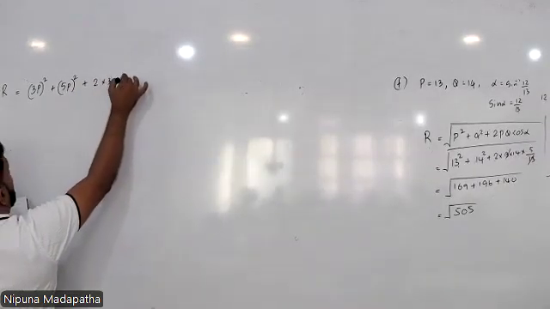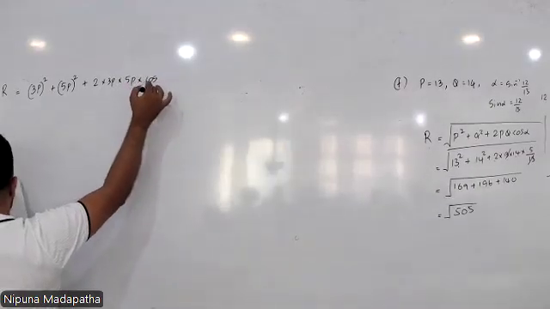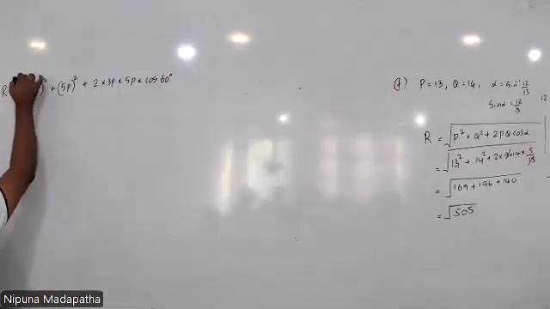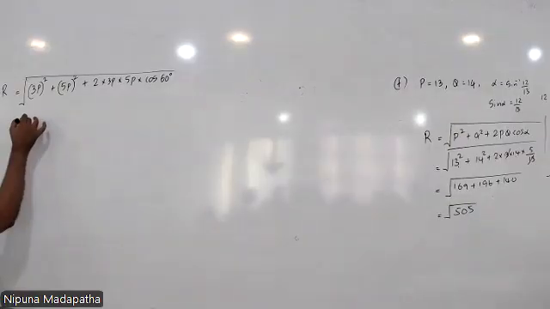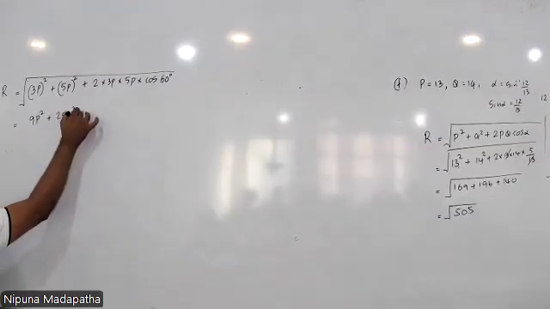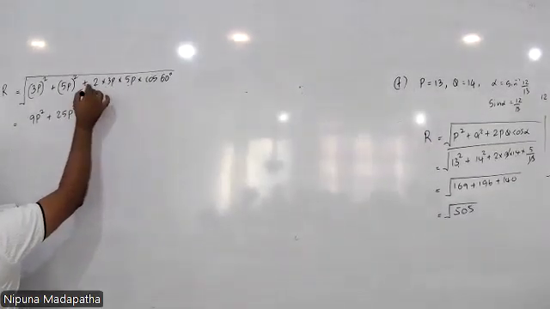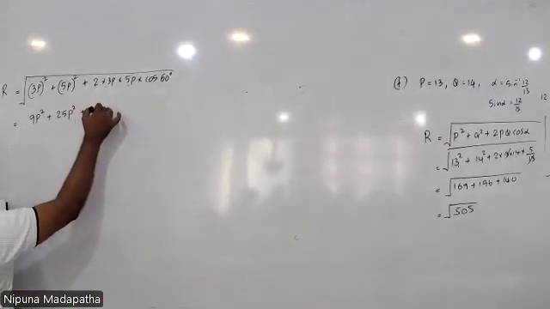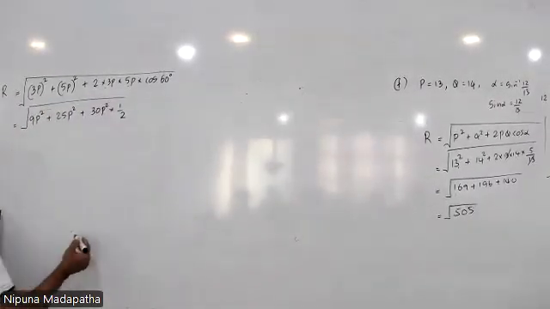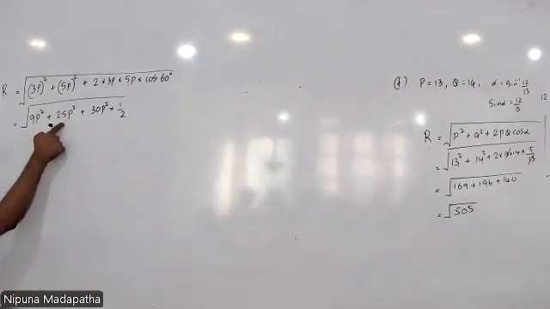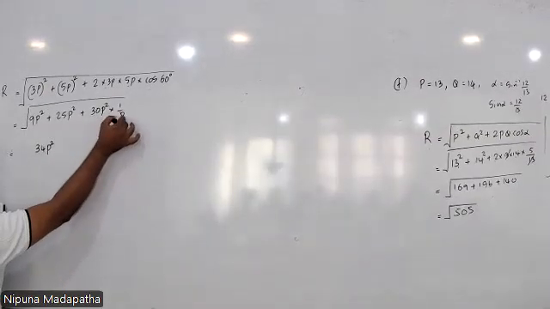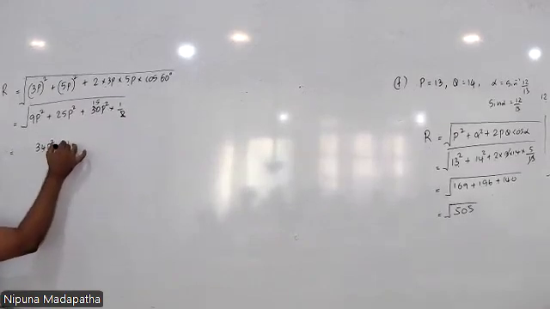Plus 2 times 3P times 5P cos 60. 3P squared is 9P squared, and 5P squared is 25P squared. Then 15P squared times 2 is 30P squared, and cos 60 is half. 25 plus 9 is 34P squared, and plus 15P squared.